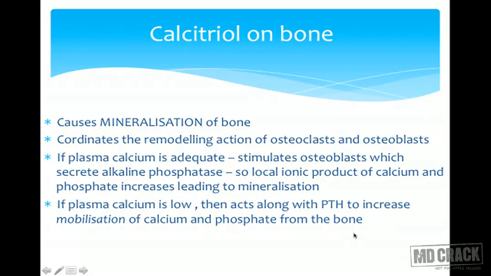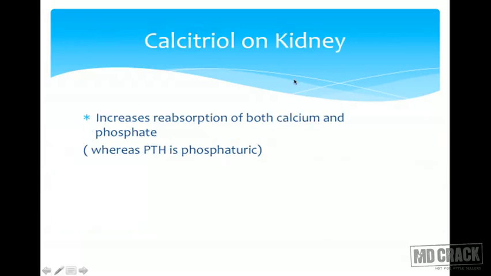In this, PTH is the main factor causing mobilization of calcium from the bone, but vitamin D also helps. And remember, PTH is stimulating 1-alpha hydroxylase to increase the amount of calcitriol.